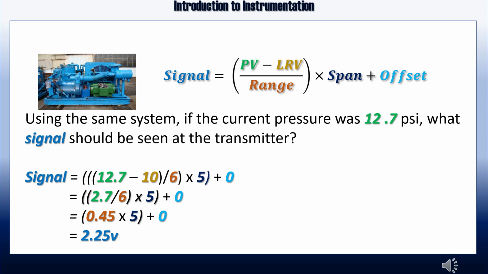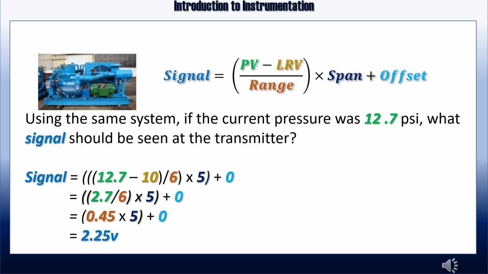Using the same system, if the current pressure that you saw on the gauge was 12.7 psi, what signal should be seen at the transmitter? Okay, so our signal is going to be equal to, and I've broken this apart so I always keep my order of operations correct.